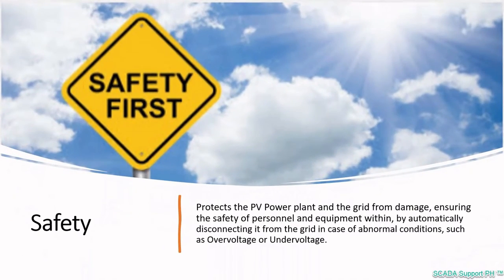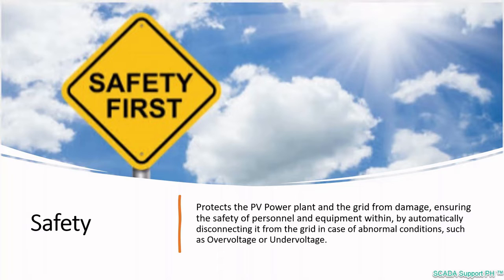When it comes to safety, the grid controller monitors the power output of the PV plant and automatically disconnects it from the grid in case of abnormal conditions, such as overvoltage or undervoltage. These are sometimes called intelligent or immediate fault detection.